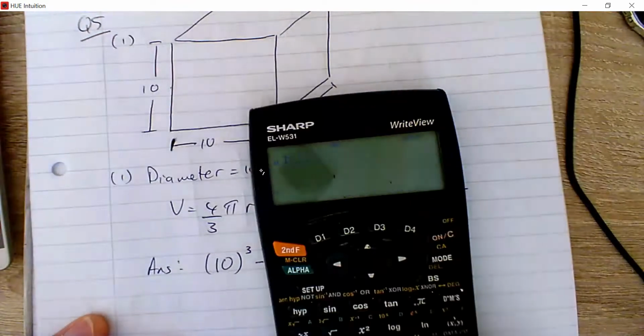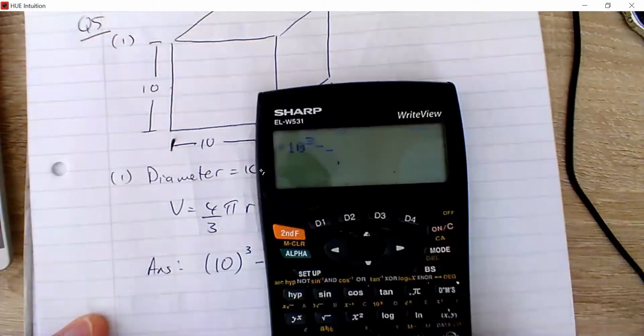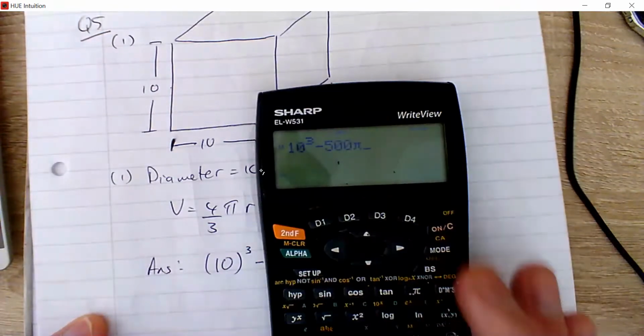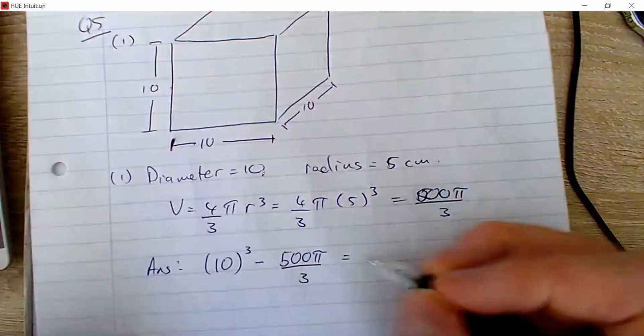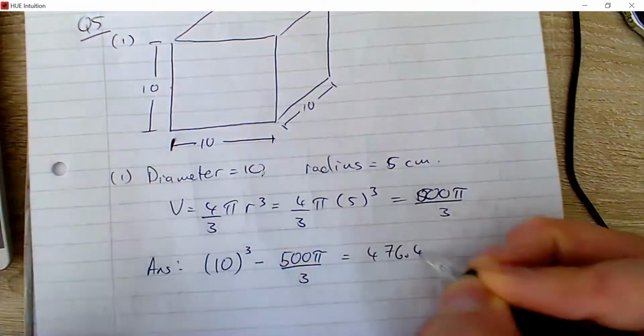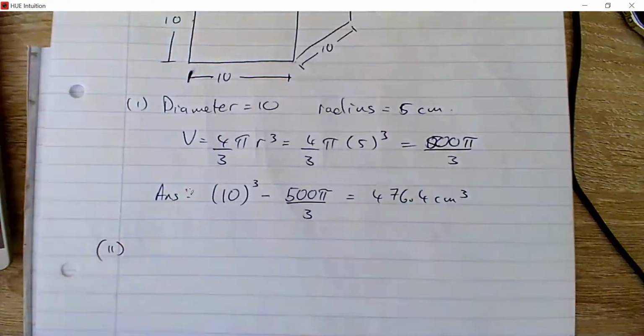Okay, so that's 10 cubed, take away 500 pi over 3. Okay, and we're going to get 476.4 centimeters cubed.